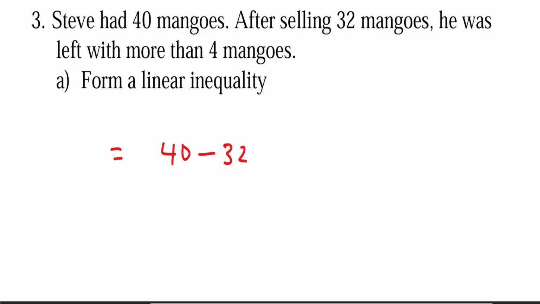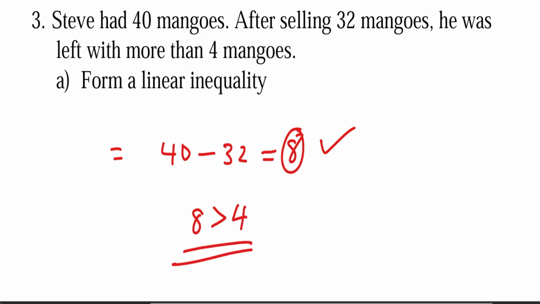Obviously this is x. If you have 40 mangoes and sell 32 mangoes, you remain with 8. So whatever he was left with, 8, is more than 4 mangoes. So it's better to write it like this.